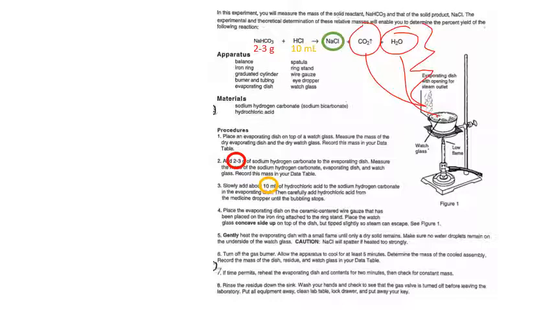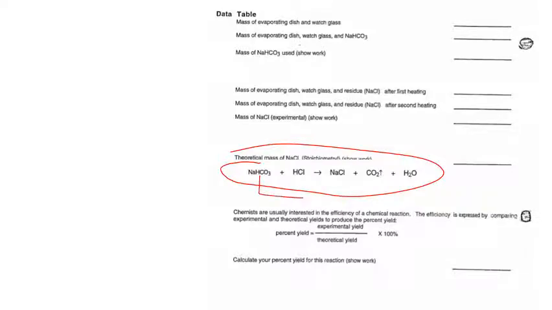So we're really caring about the sodium chloride, which means we can predict how much we should get theoretically. Right here, we can look at how much we should get by going from grams to moles to moles to grams, and we can predict how much we're supposed to get theoretically.